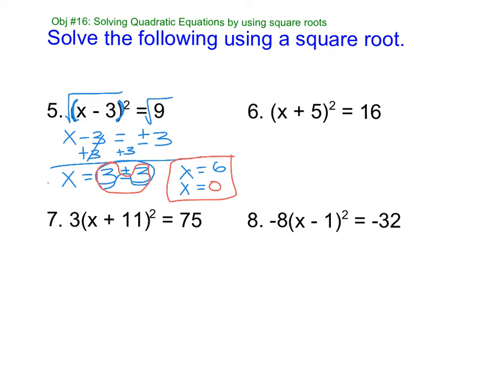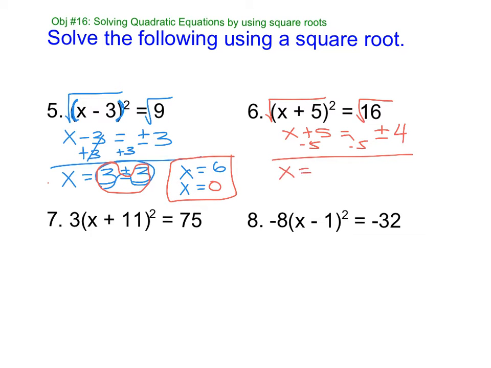All right, try this next one. Start it off at the very least. So I have my parentheses by itself, so we're going to take the square root of both sides. X plus 5 equals plus or minus 4. I'm going to subtract the 5, and it just goes in front. Minus 5, it goes in front.